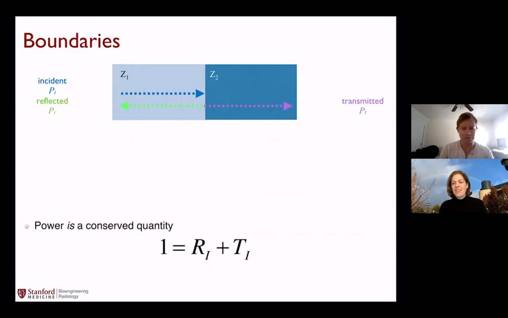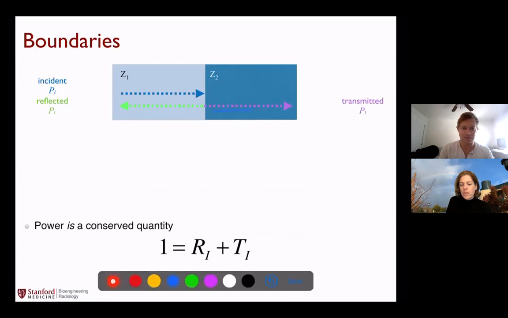Now, one of the really key things to remember, and what I'm going to tell you on this slide, half of it's going to make a lot of sense. You're going to go, yes, of course. And the other half, you're going to say, what? So the first part is the part that makes a lot of sense, and that is power is a conserved quantity. So what we're going to have here is that the power that is transmitted plus the power that's reflected is equal to the power in the beginning, which is the incident power.